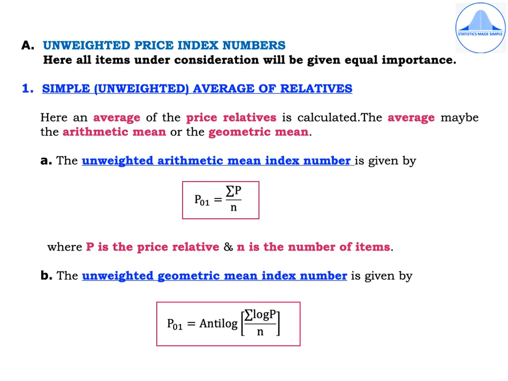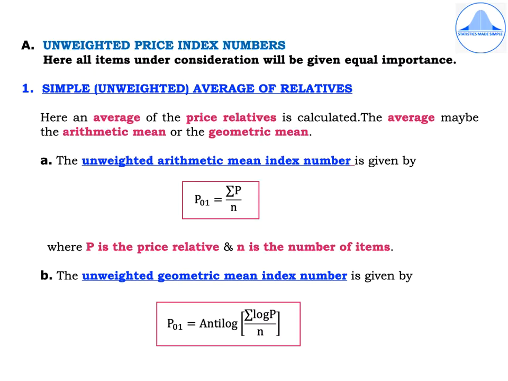Subdivision A, the unweighted arithmetic mean index number is given by P01 equal to summation P divided by small n. You know that P is the price relative and n is the number of items.